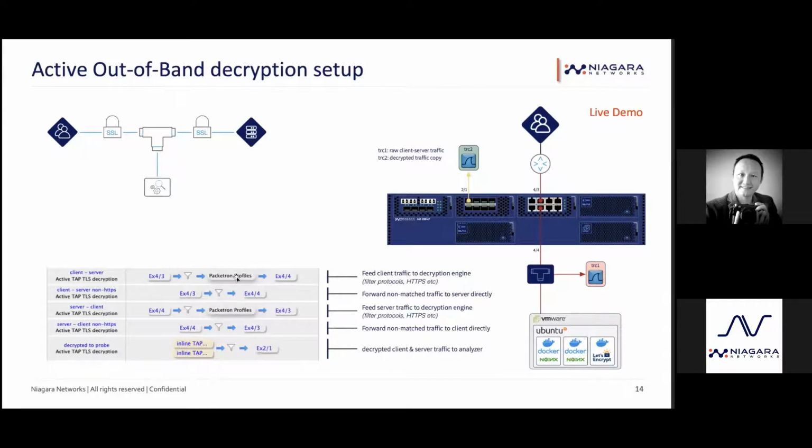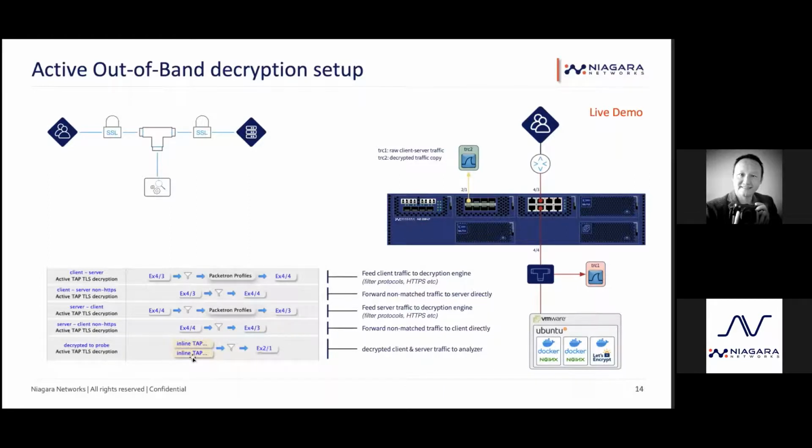The Packetron itself, since we do have two different configurations or Packetron profiles, one for encryption, one for decryption. Actually, it's the same profile, but it's two different deployments, one from client to server, one from server to client. What we do is we create two tap information flows as well, one from client to server and one from server to client.